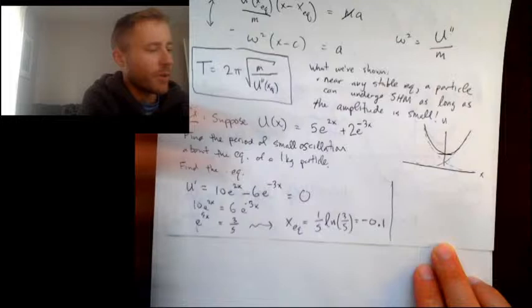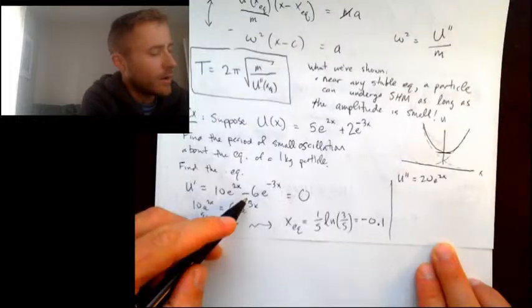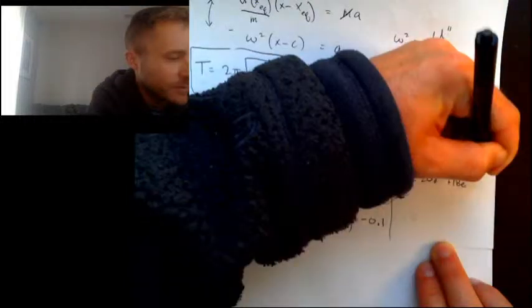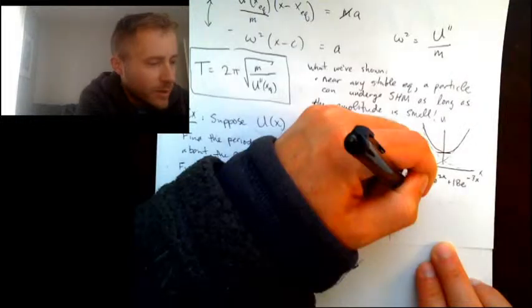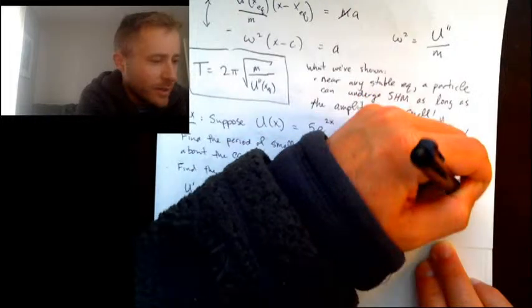The second part is I have to find U prime prime at the equilibrium. Taking the derivative of this again is going to give me 20 e to the 2x plus 18 e to the minus 3x. Now I'm going to plug in minus 0.1. So I have U prime prime equals 20 e to the 2 times minus 0.1 plus 18 e to the minus 3 times minus 0.1.